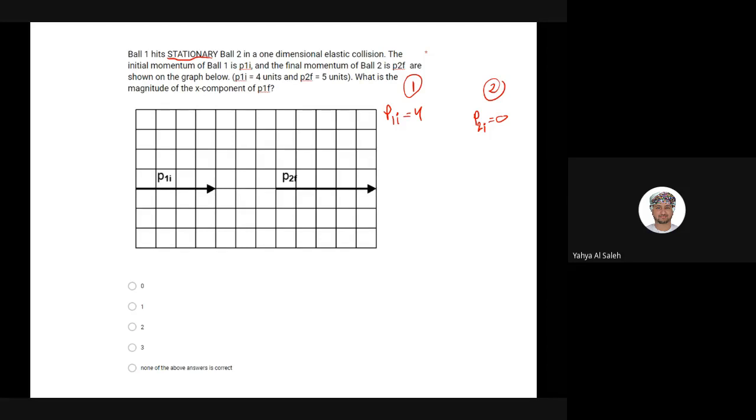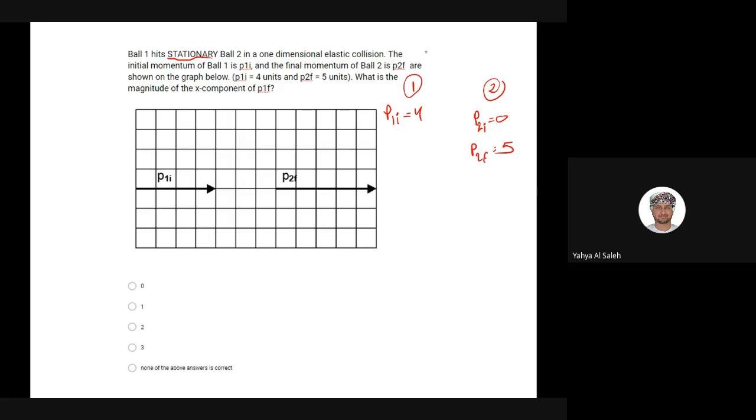And the final momentum of ball 2, P2F, is equal to 5. What is the magnitude of the x component of P1F? 0, 1, 2, 3, or none of the above answers is correct.